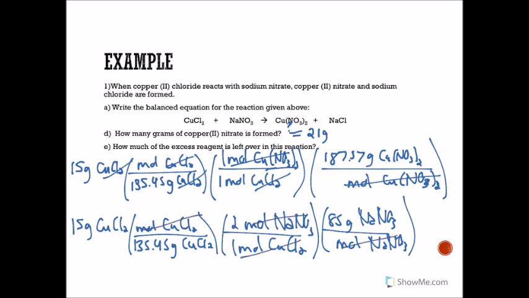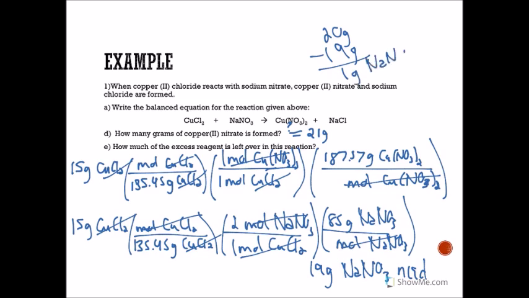And making sure everything cancels off, and multiplying everything, 15 times 2 times 85 divided by 135.45, we only actually needed 19 grams of sodium nitrate. Therefore, we started with 20 grams, we needed 19, so we have 1 gram of sodium nitrate left over.